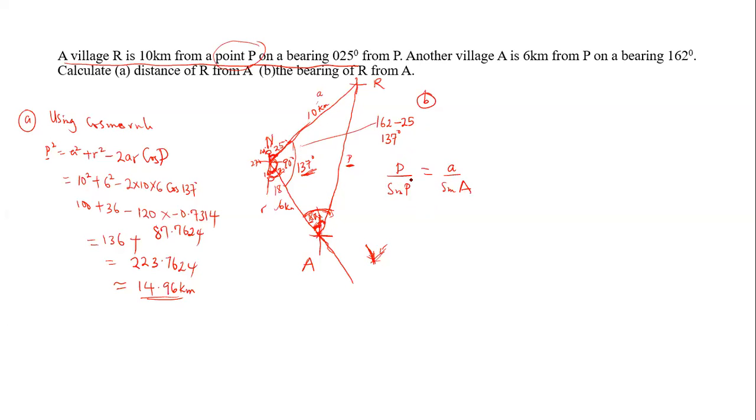So our small p, we got it to be 14.96, divided by sine 137, equals small a, that's 10, over sine A, that is what we are looking for. So in such a manner now, what do we do?